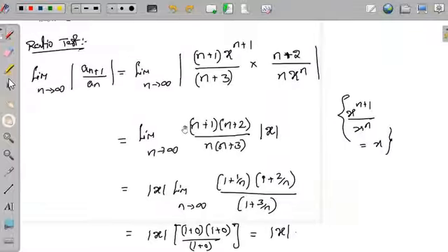So the limit of the ratio test we got is mod x, and we know that the series is absolutely convergent when mod x is strictly less than 1. So let us write that.